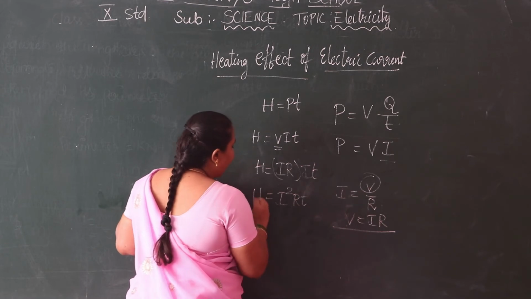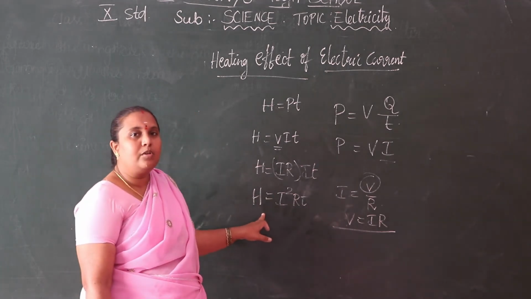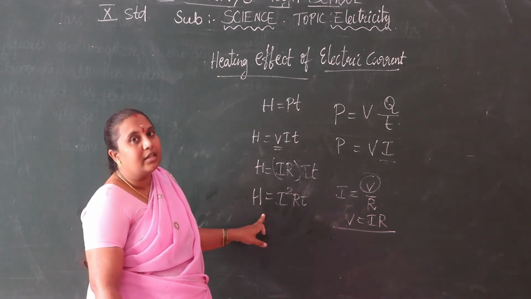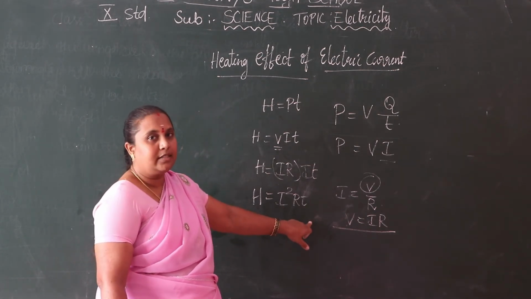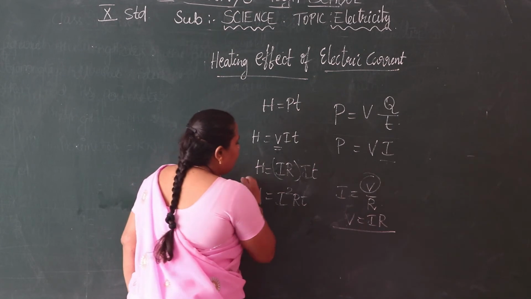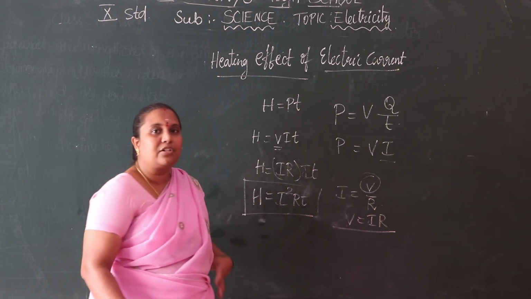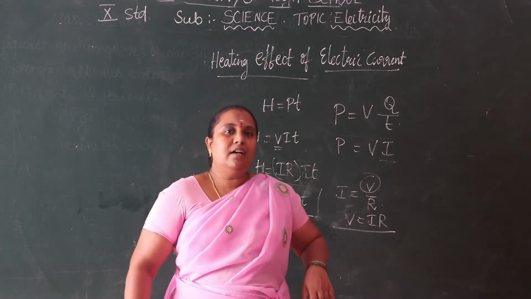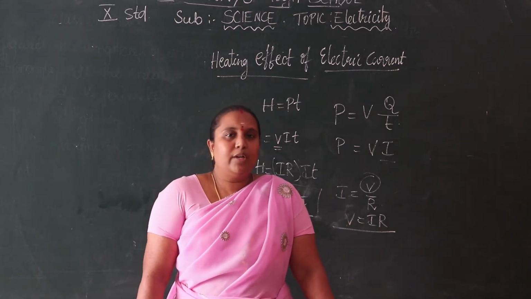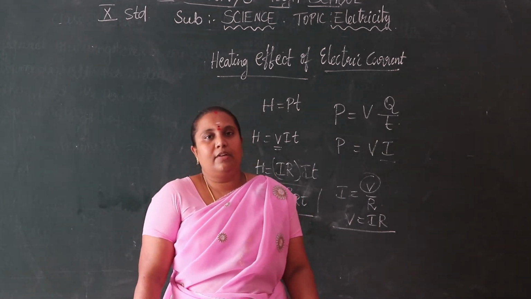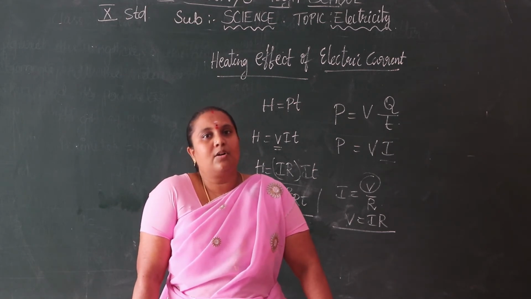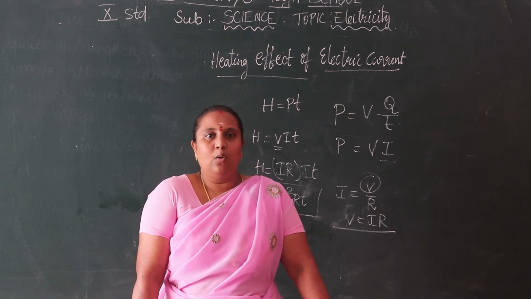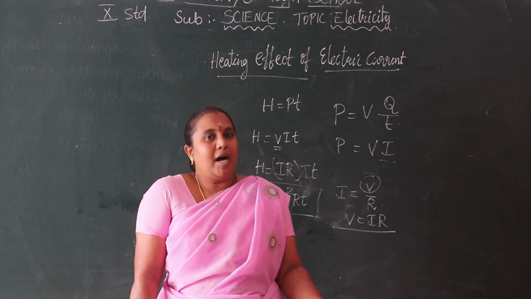So what is the formula for heating in electronic appliances? That is H equals I squared RT. This is the formula to find out the heating effect of electric current. Here is one more example of the heating effect of electric current. We are using electronic geysers nowadays for heating water, for bathing.